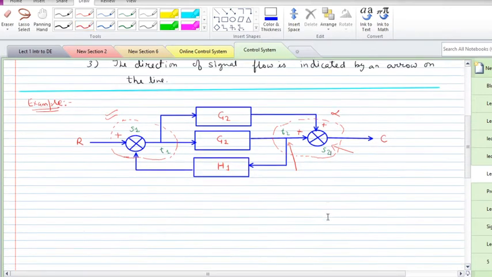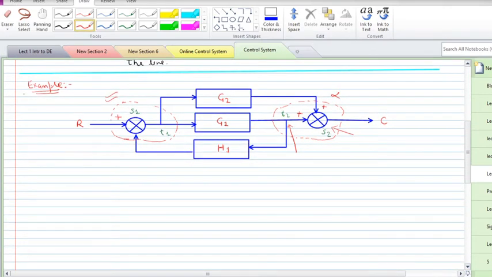So in this way, if we draw the signal flow graph, you can easily draw it like this. S1 and T1 are both replaced by this node, and then here this is G1, and this is your T2 node.